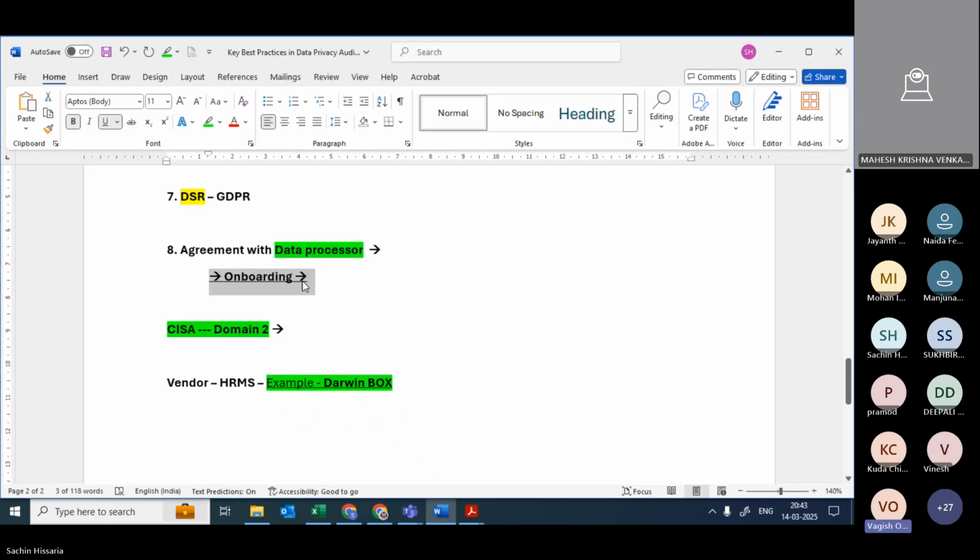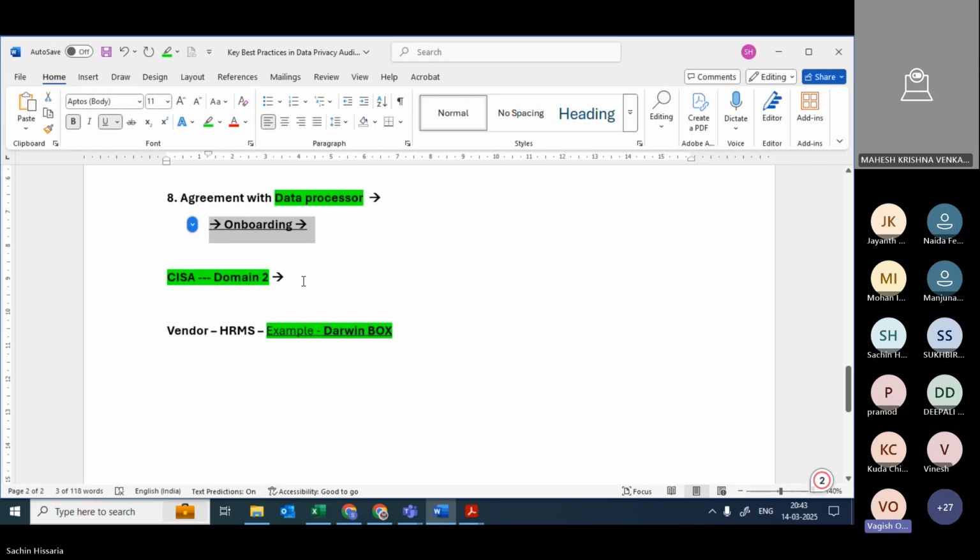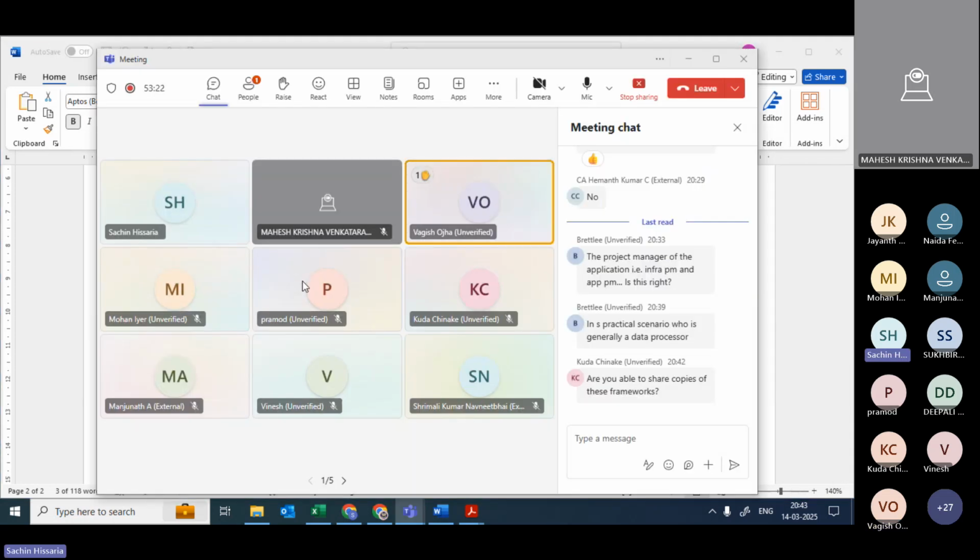Actually, when we onboarded the vendor, the DP Act was not in place. Now, since it is there, we would do an assessment of the vendor, and we may ask the vendor to provide a report which can give us assurance that the vendor is complying with the data privacy regulation.